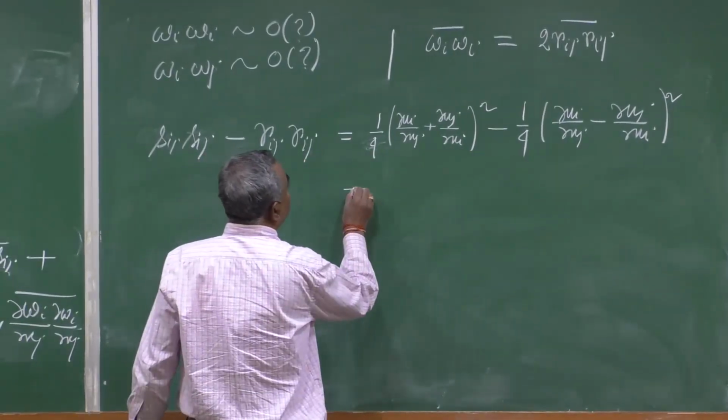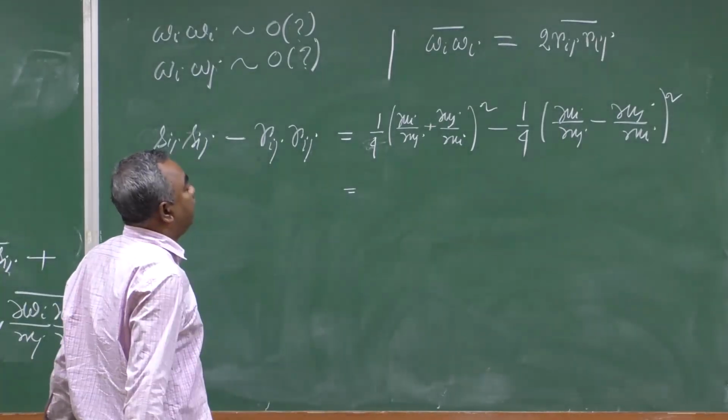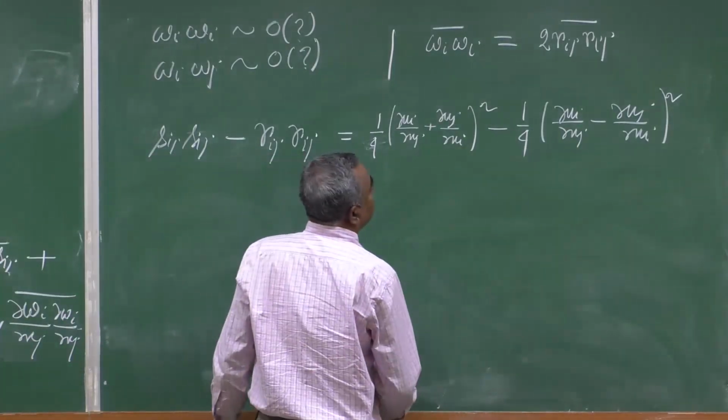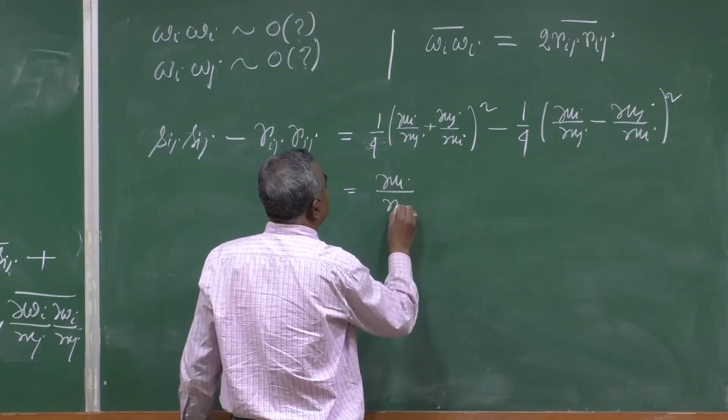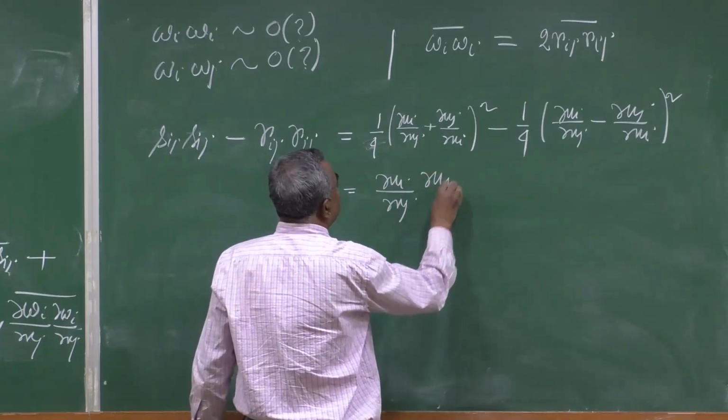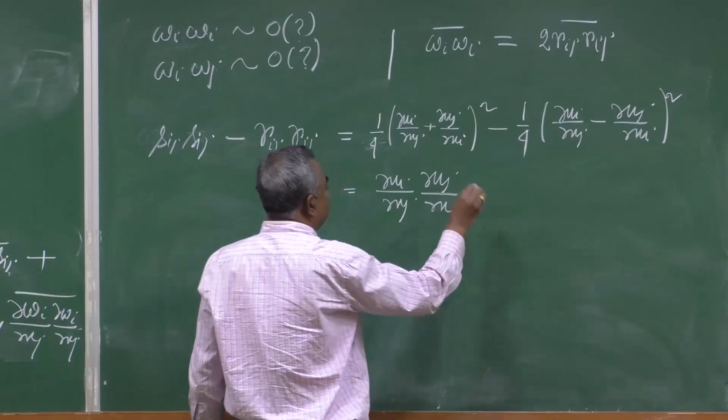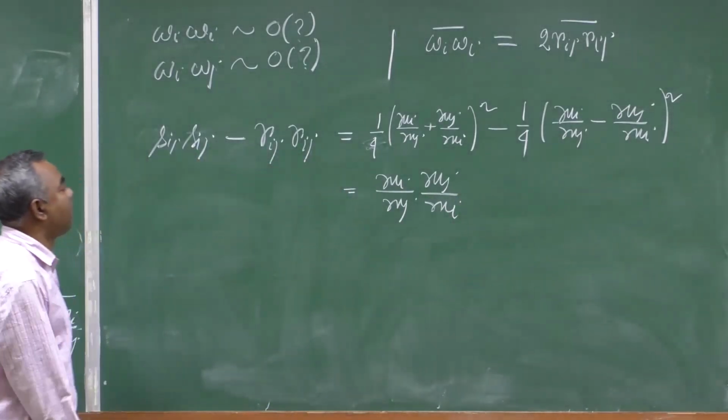So, if you go ahead with the algebra, then essentially you are going to find the last term, that is del u j del x I. Okay.